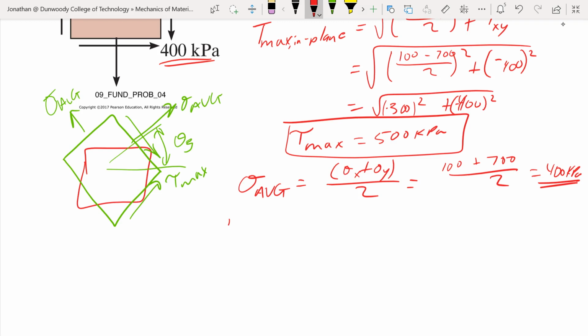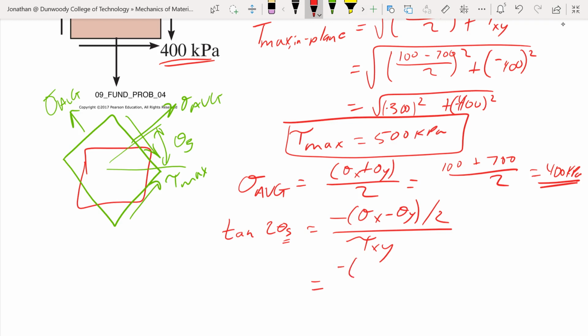We derived in the section that tan of 2 theta s for our shear stress is going to be negative (sigma x minus sigma y) over 2, over tau xy. So what do we get there? We have negative, this is (100 minus 700) over 2, over negative 400.